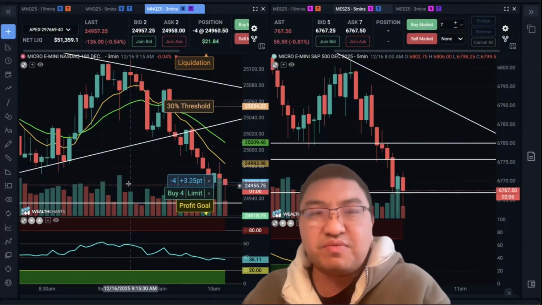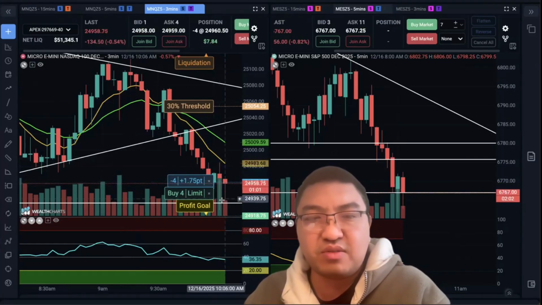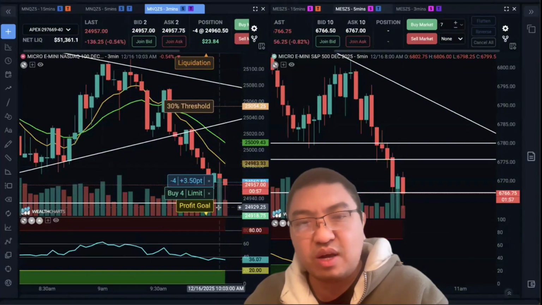Buyers are defending strongly, but sellers just retested EMA9. EMA9 effectively pushes down, which creates a lower low. So overall, it's still downtrend.